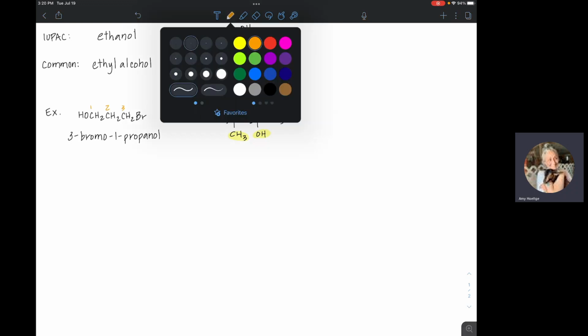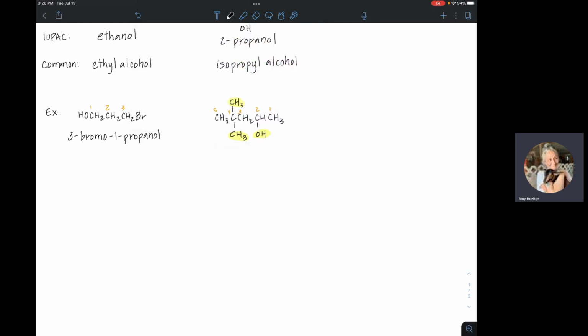So in this instance, we're going to call this 4,4 dash dimethyl dash 2. And because this is a derivative of pentane, we're going to drop the E and put OL, so pentanol.